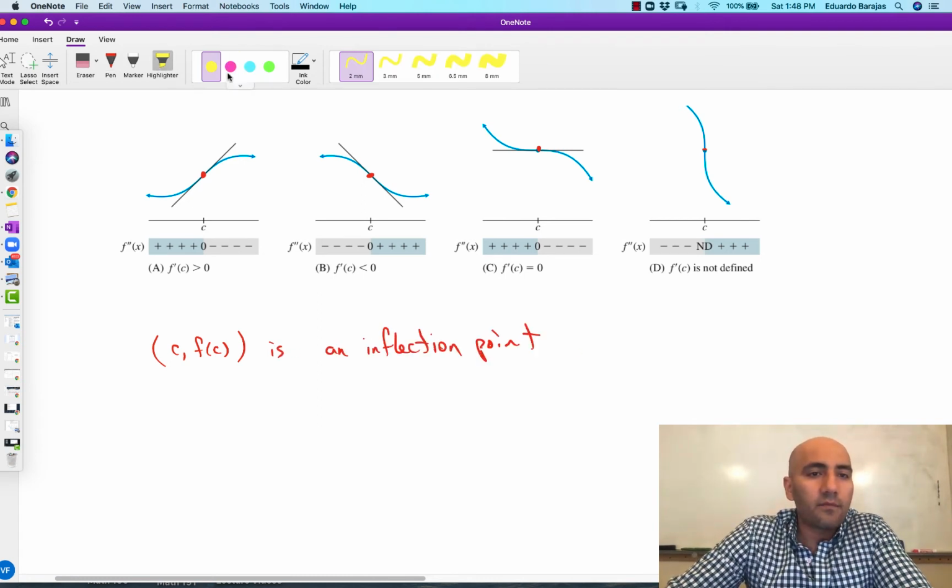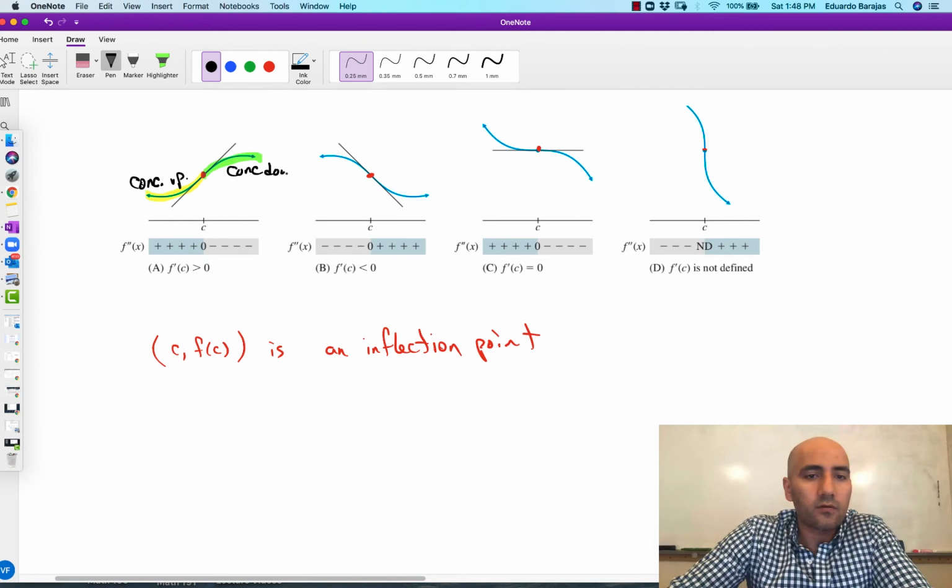Notice that, for instance, in this first case, the original function is concave up here, and then it changes to concave down there. So the point right there where it changes from concave up to concave down represents the inflection point. So this is concave up, and here we have concave down.